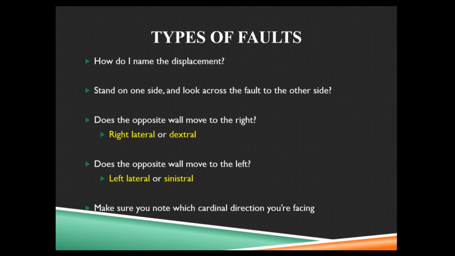Now, it is important to also know which way you're facing, not because it's going to change whether it's a right lateral or a left lateral fault, but rather because this helps give an orientation. So if you're facing north and you say there's a right lateral fault as I face north, we know the fault direction is an east-west fault.